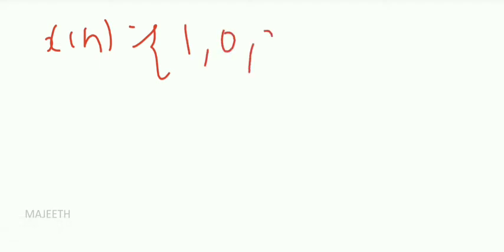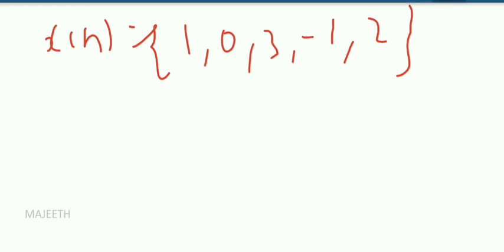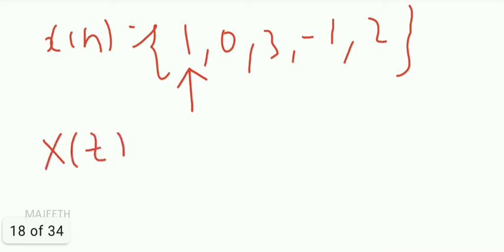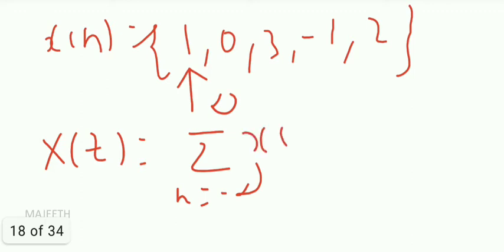What they have given: x of n is equal to 1, 0, 3, minus 1, 2. So it starts from here. We know that X of z is equal to summation n going from minus infinity to plus infinity of x of n z power minus n.